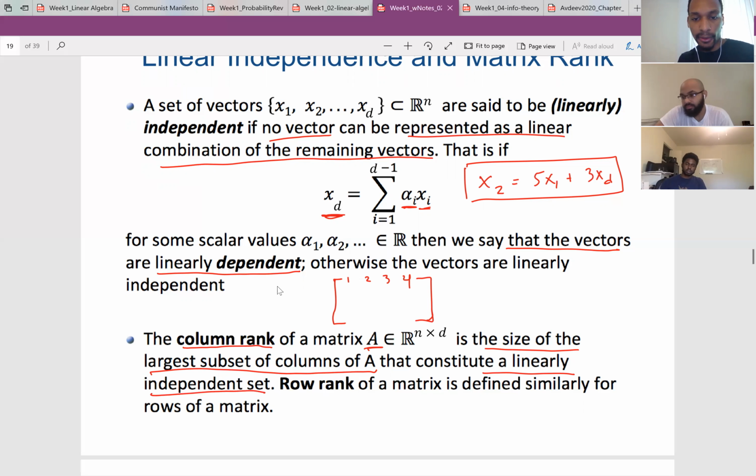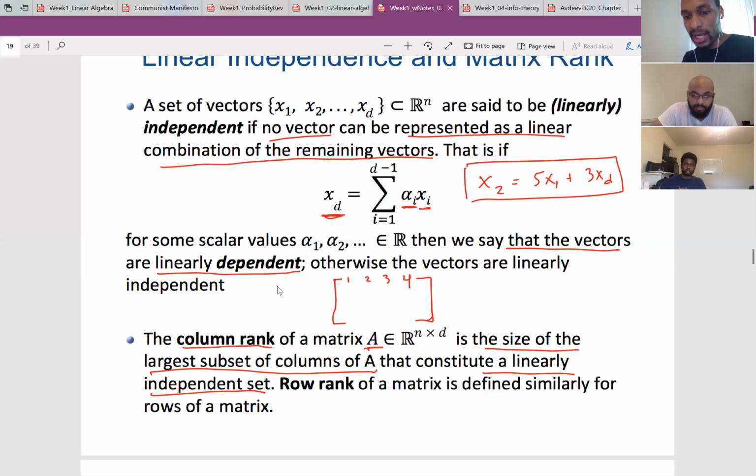If I took all these 4 columns as vectors and tried to represent column 1, for example, with 2, 3, and 4, and I couldn't do that, and I did that for all of them, then they're all linearly independent, and I would say the column rank of this matrix is 4.